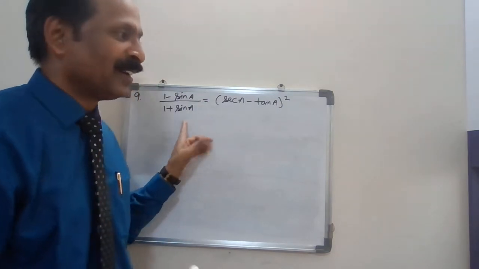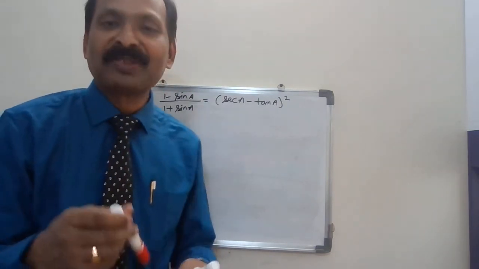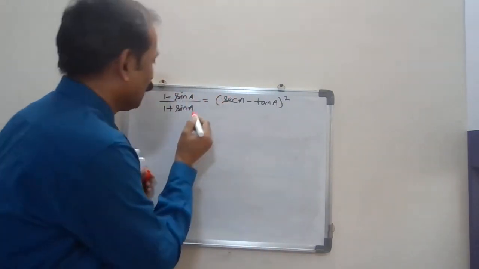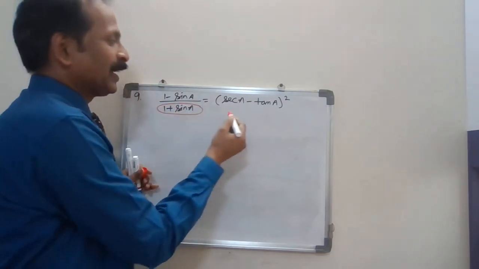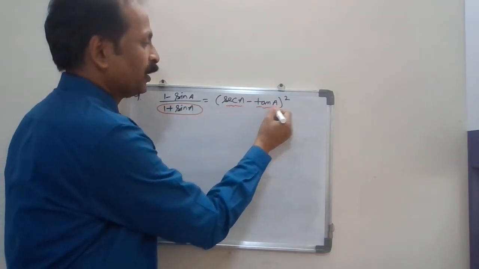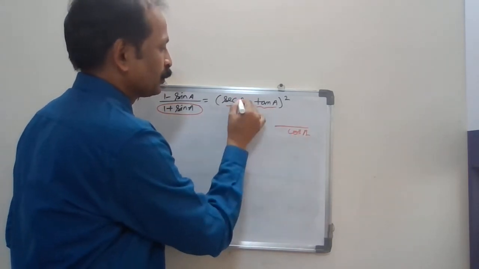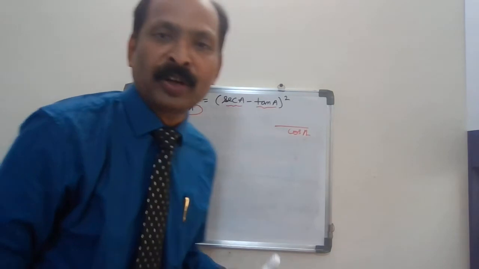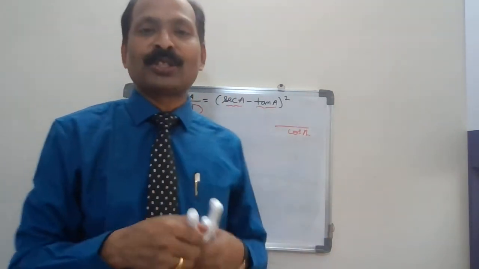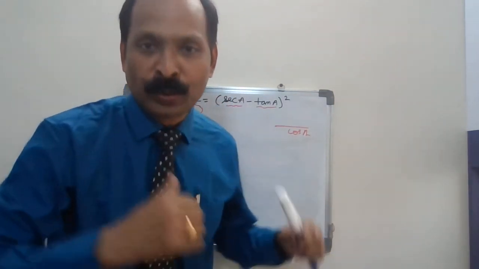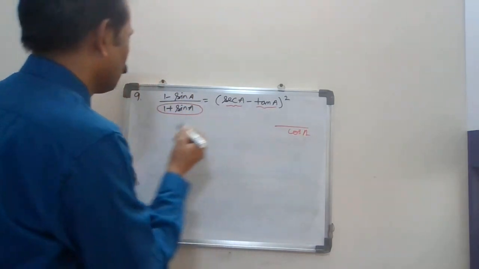You just remember, like the previous sum we had LCM, but here you can multiply up and down, so you can get rid of the denominator. But the denominator will be cos, because sec A has 1 upon cos A, and tan also has 1 upon cos A. So you remember that cos should be the denominator. So let us take LCM quickly.